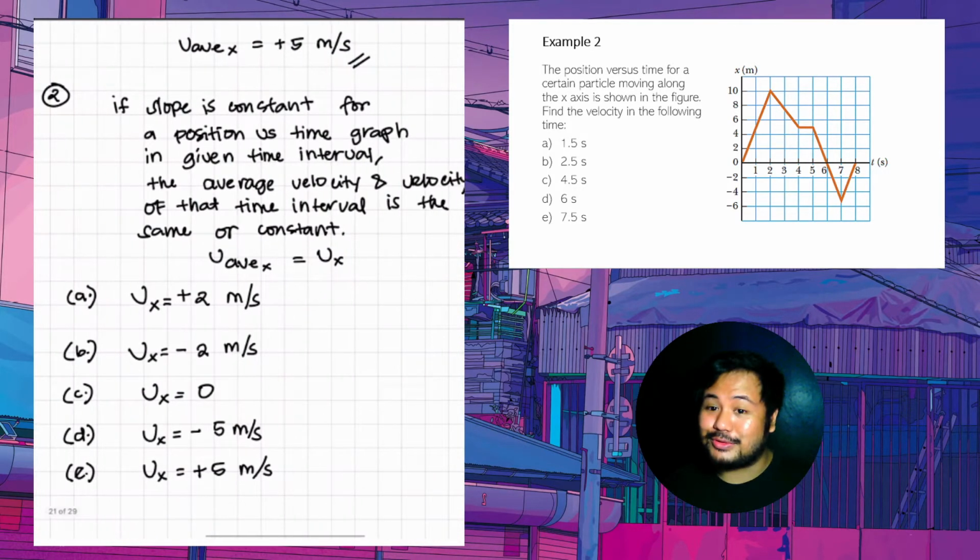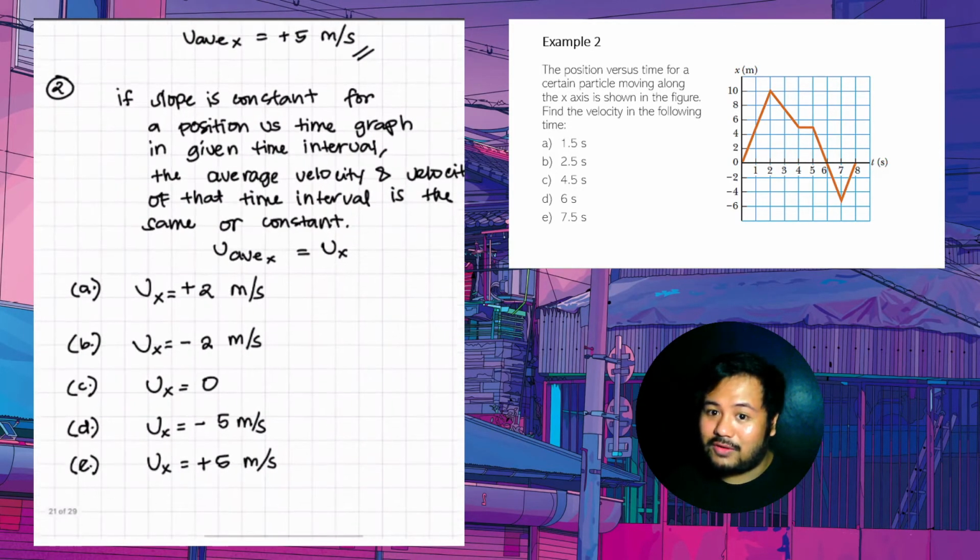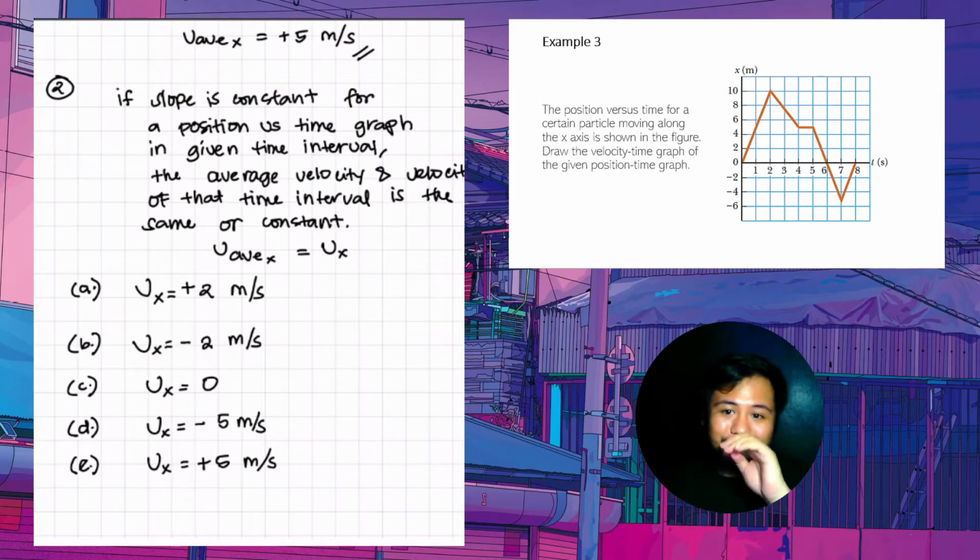It's kind of easy to solve number 2 if you have understood or you have solved number 1. And this problem again can be extended to another question. So given the position versus time graph of a certain particle moving along the x-axis as shown in the figure, draw the velocity time graph of the given position time graph.